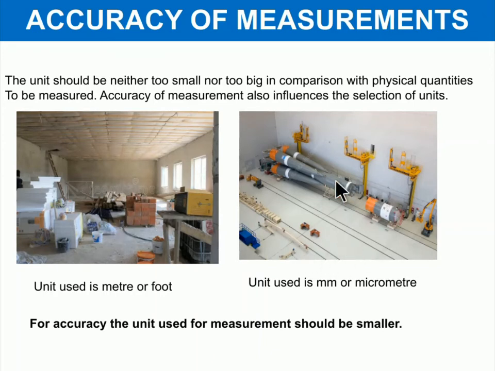In second figure, for a construction of rocket, accuracy is important. So millimeter or micrometer may be used as units. So for accuracy, the unit used for measurement should be smaller.